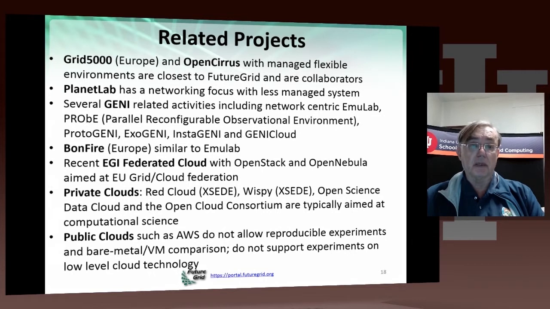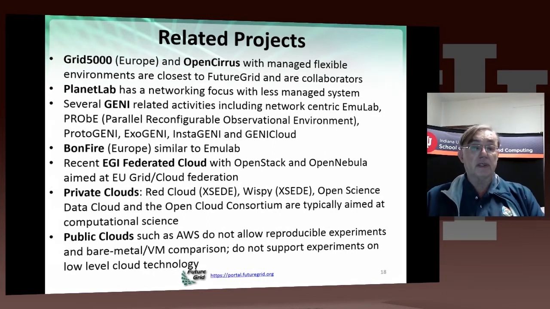PlanetLab is a very well known and important environment, has a stronger network focus, and their system is less managed, so less reproducible. GENI has many related activities, including the network-centric systems Emulab. ProbE is a new environment, and there is ProtoGENI, ExoGENI, InstaGENI, and GENI Cloud, all of which are related to FutureGrid in that they're using software-defined environments based on the network focus of GENI.